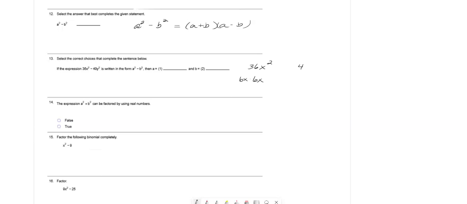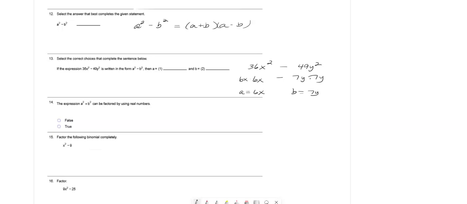And we know that 7y times 7y equals 49y squared. And that's why we say that 49y squared is a perfect square. So since we have the difference of those two terms, we know that we're using the a squared minus b squared, the difference of two squares formula. So in this respect, our a is 6x and b is 7y.